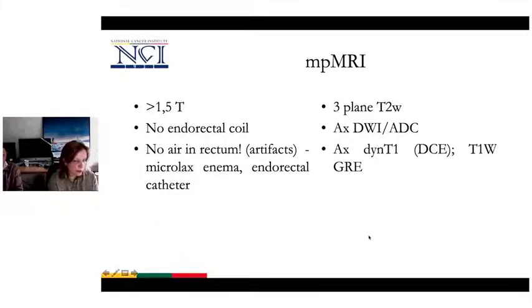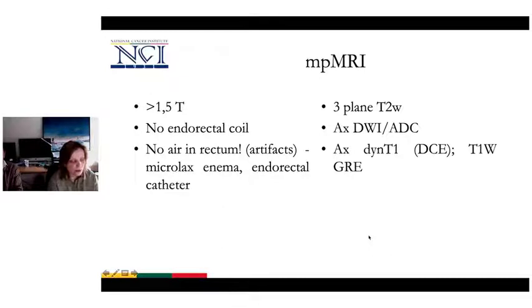So let me remind you what technique we use and what sequences we perform. We use a 1.5 Tesla or higher MRI machine. In the new guidelines, we use no endorectal coil. There should be no air in the rectum because it produces artifacts.